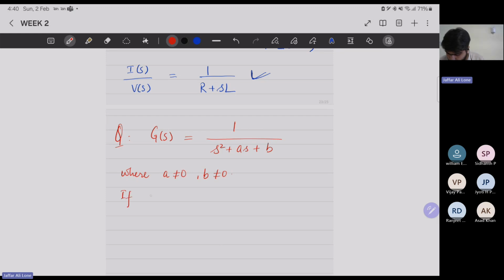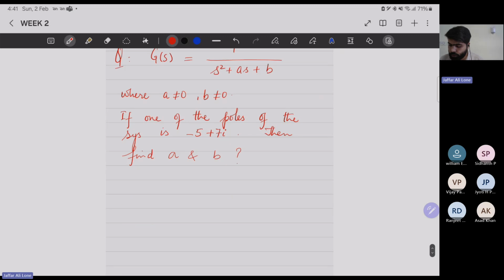Then if one of the poles of the system is -5 plus 7i, find a and b.